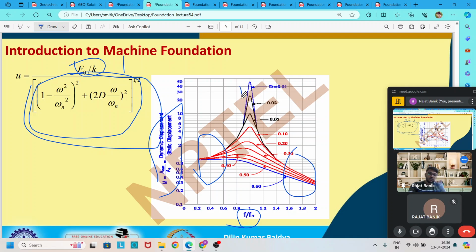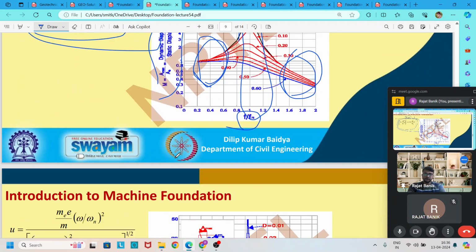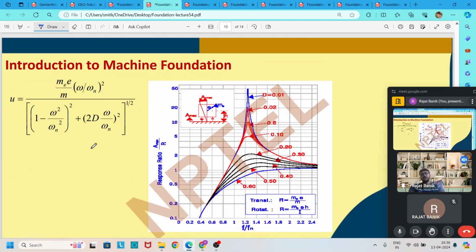We don't use the middle part in our design. We have to design in such a way that our amplitude lies either in this position or in this position, which makes sure the foundation is a safe system.